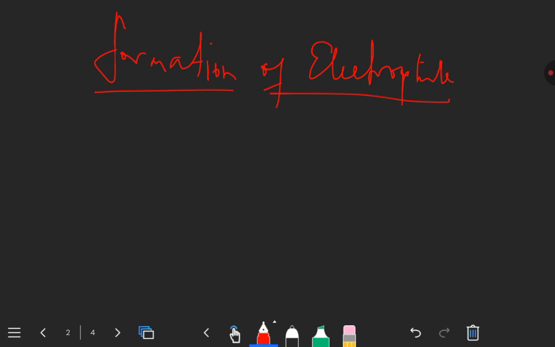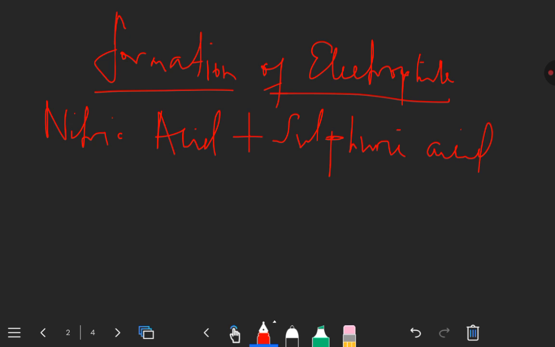The reagents which are used when you are doing the formation of an electrophile, we use nitric acid, so you're going to react nitric acid with sulfuric acid. So these are the two reagents you use when you're forming the electrophile.